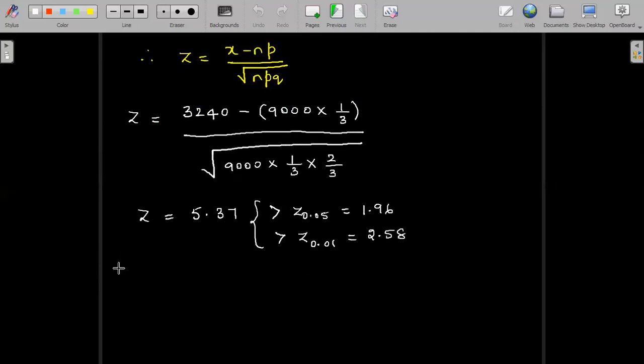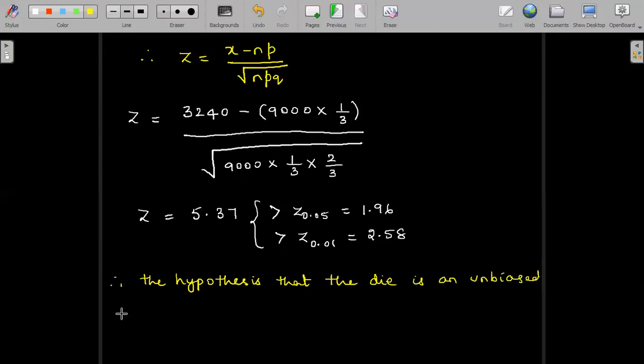So the hypothesis that the die is an unbiased one is rejected because the calculated value is greater than both the table values at 1% and 5% level of significance.